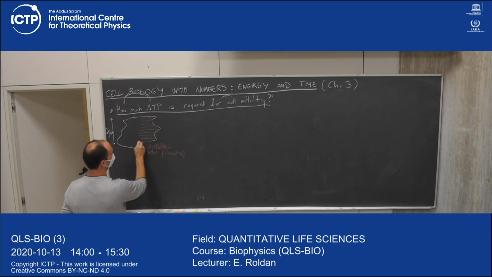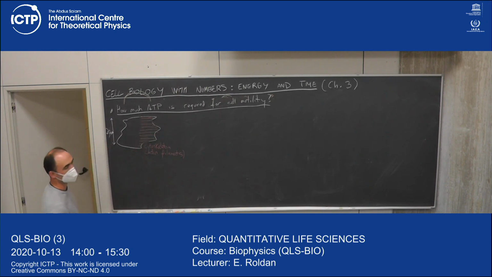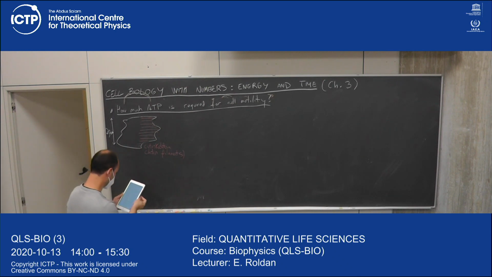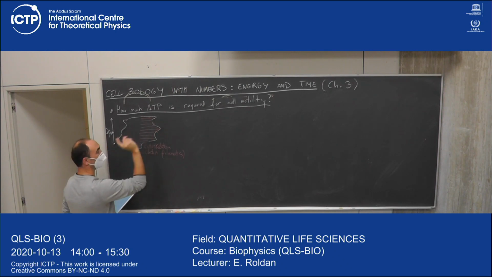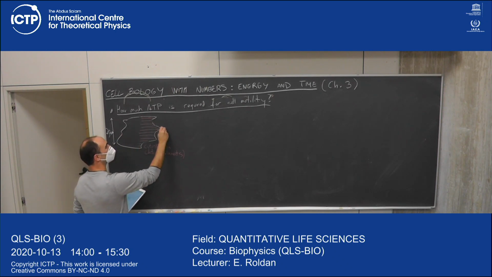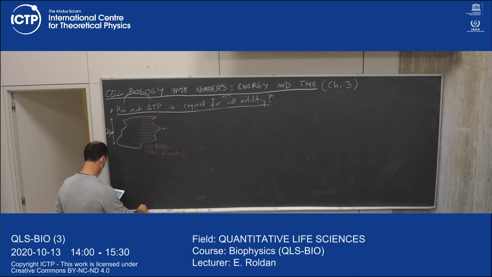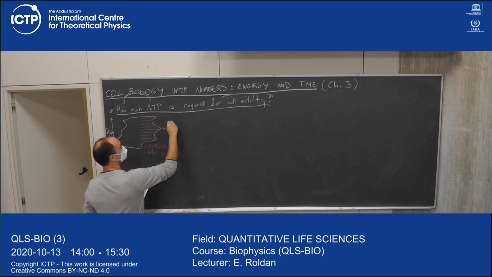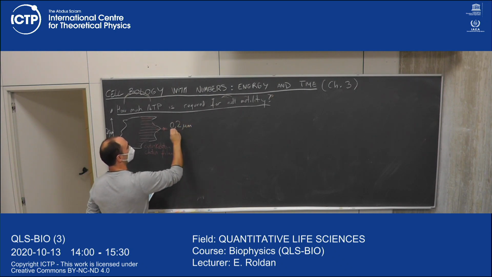And that there is a homogeneous density of filaments. This is another assumption. And each filament, all of them, are growing at a given speed, which is 0.2 microns per second each filament.